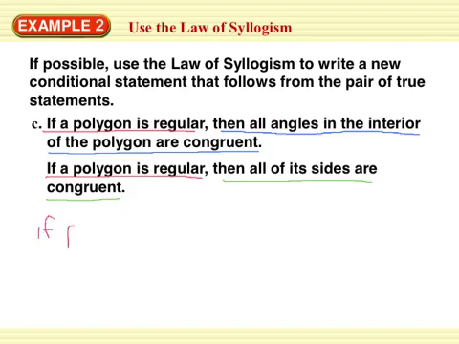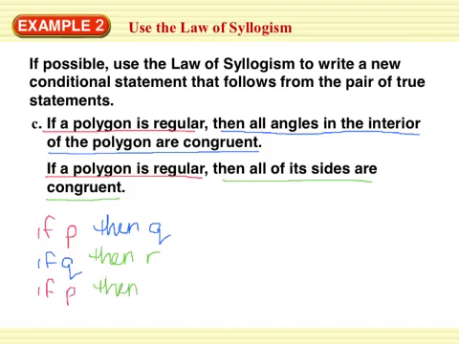Okay, and let's go back to the beginning. Remember, we would say if P then Q, and then we could say if Q, then R, and that'll get us back to the beginning. If P, then R. Let's see if we have that pattern.